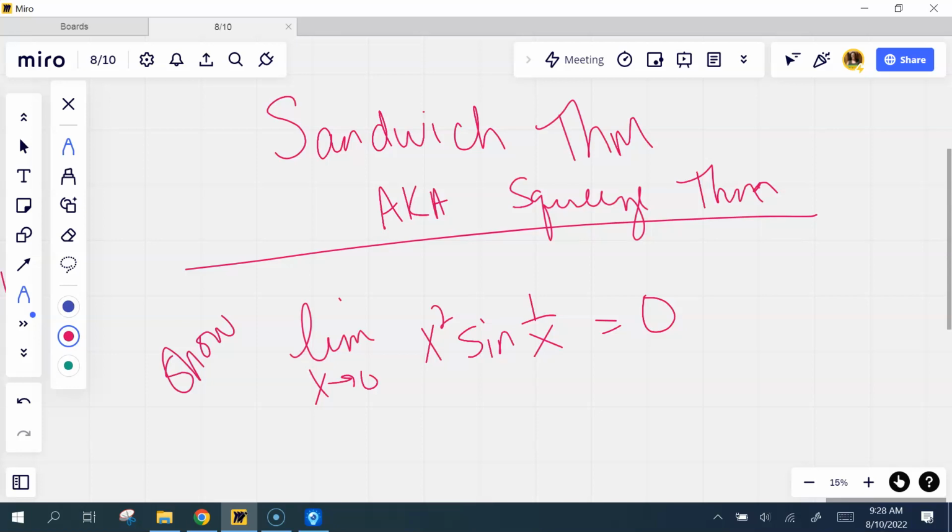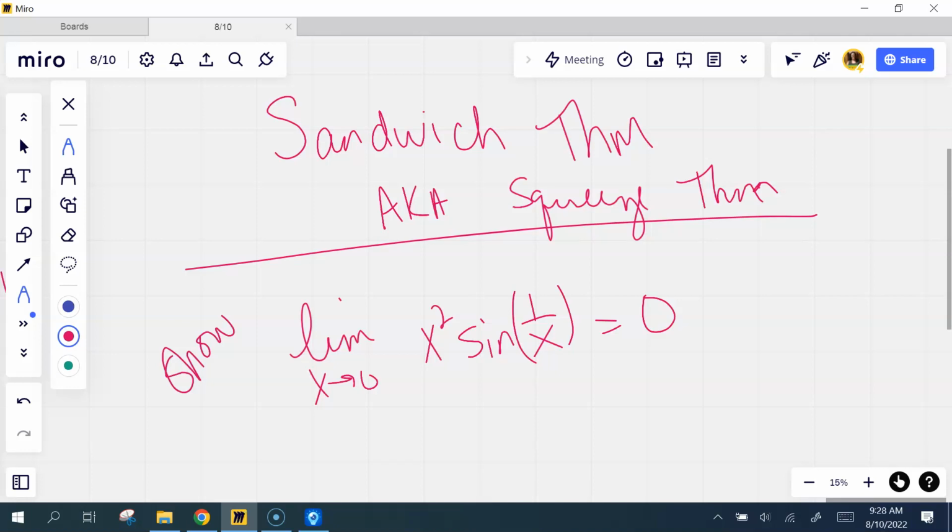So the sine of 1 over x is different than sine x over x, right? Do we understand that? This is taking the sine of 1 over x. So let's think for just a minute.